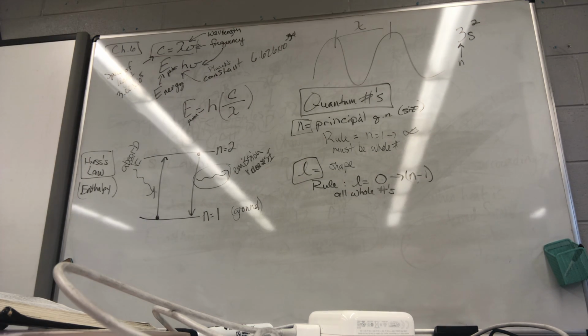L gives us the shape of the orbital. It is going to be all values that range from 0 up to n minus 1. If n minus 1 is 0, the only L value then is 0.